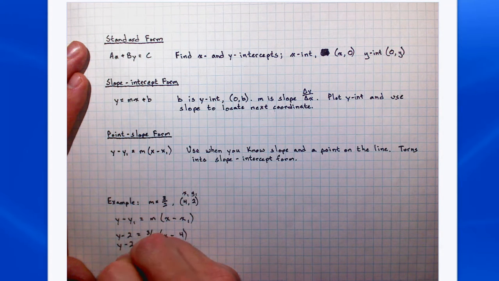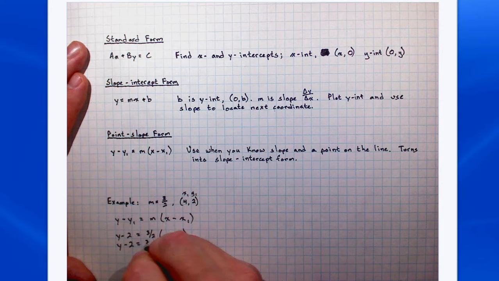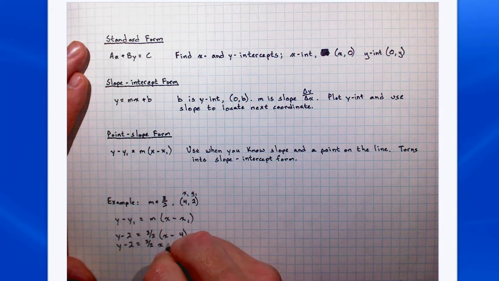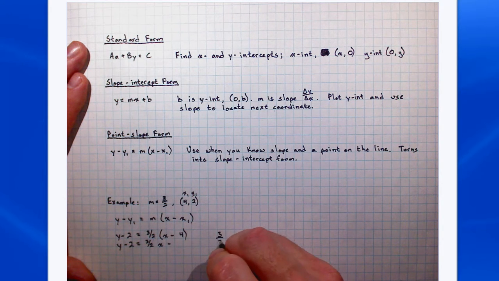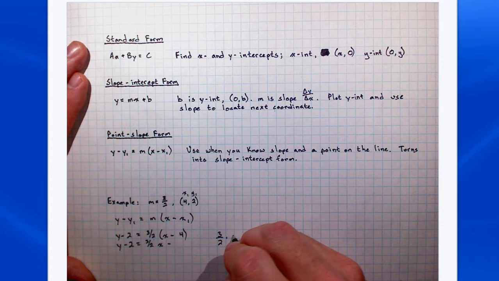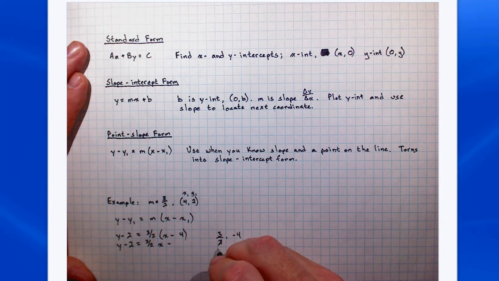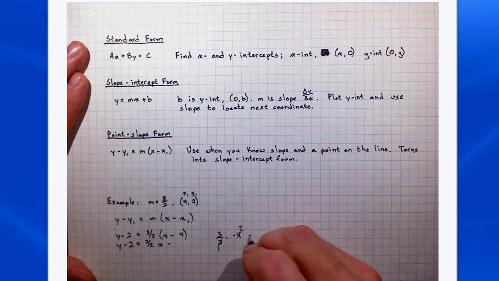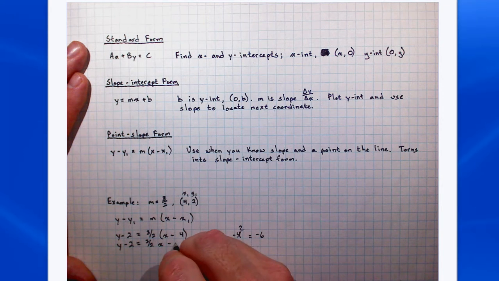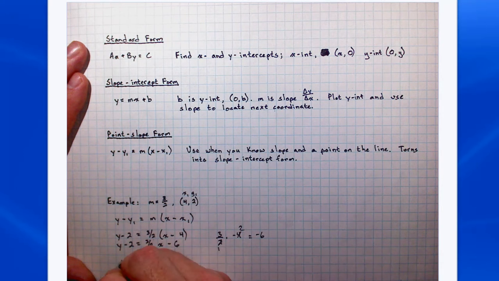Y minus 2, distribute my 3/2, so 3/2 x minus, so 3/2 times a negative 4. Well, that becomes 1, and that becomes 2, and that equals a negative 6. Add 2 to both sides. I have y equals 3/2 x minus 4.